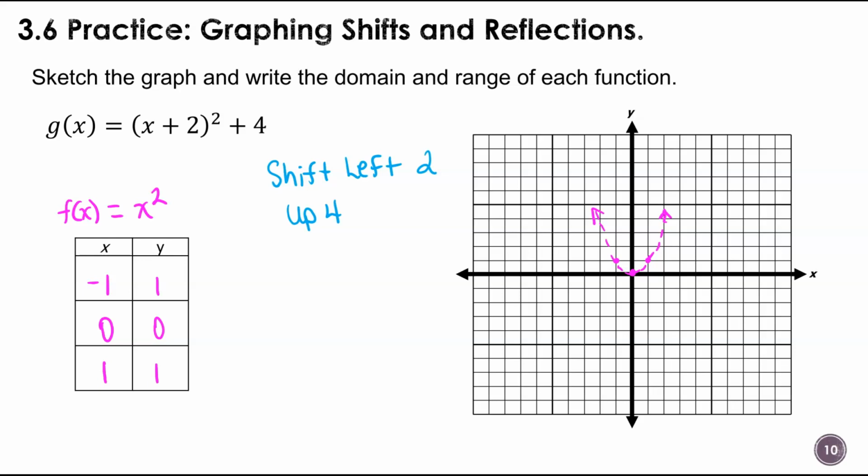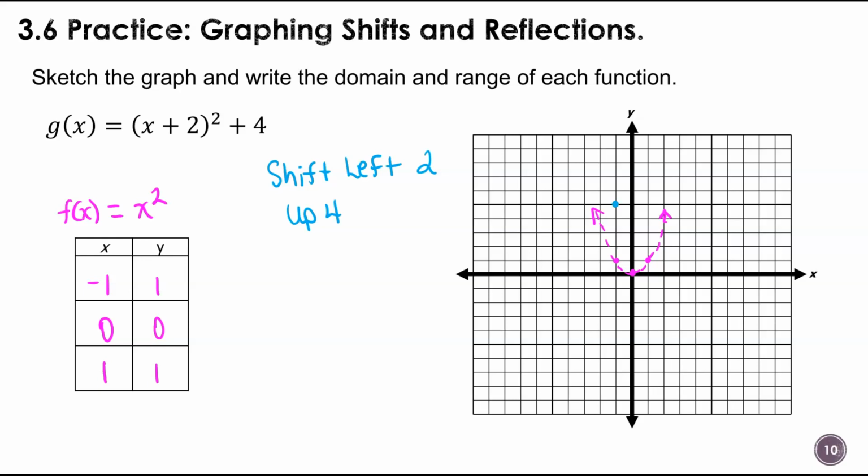So with each of our points, right, left 2, up 4. So I'm starting over here on the right. 1, 2, 1, 2, 3, 4. And our vertex, the lowest or highest point on the graph for a parabola, is called the vertex.